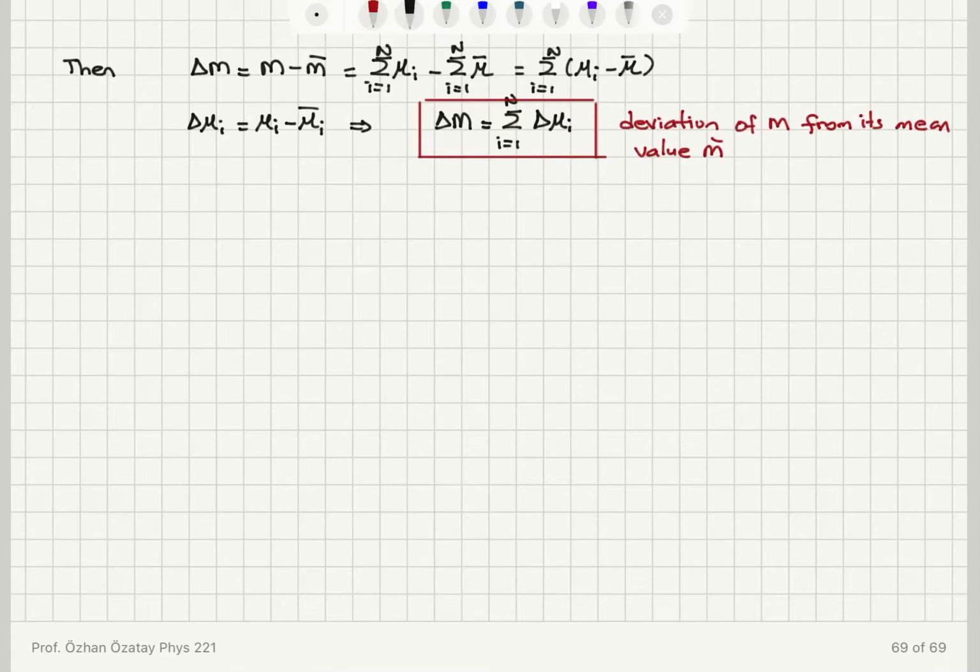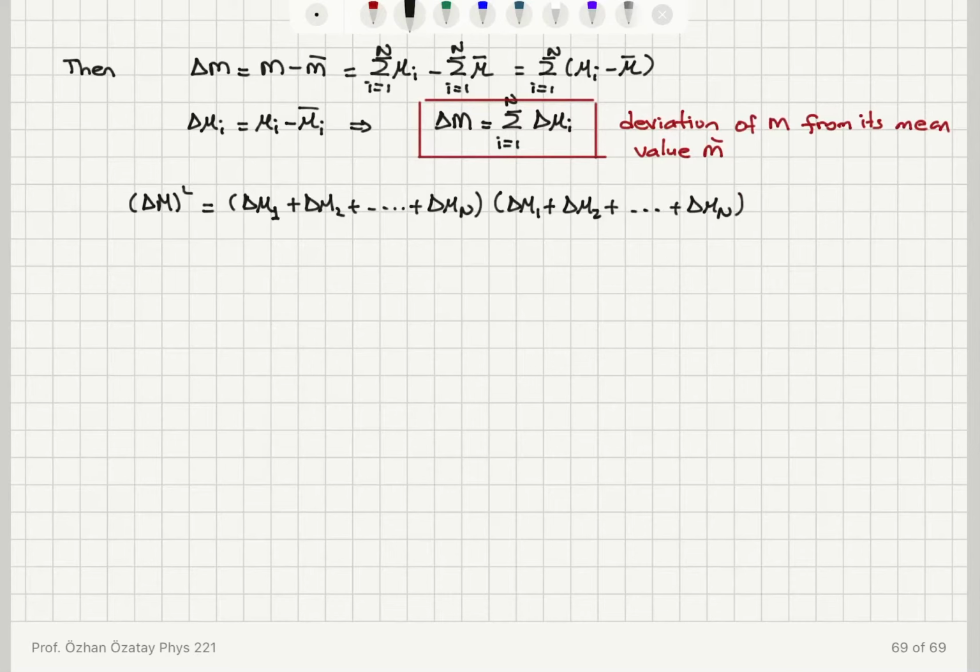Now, in order to calculate dispersion of M, I need to know the square of the deviation, delta M squared. So let me write this explicitly, because this is the deviation of the first moment from its average value plus that of the second moment plus all the way up to the nth moment. And this multiplied with itself, delta mu 1 plus delta mu 2 all the way up to the nth moment.